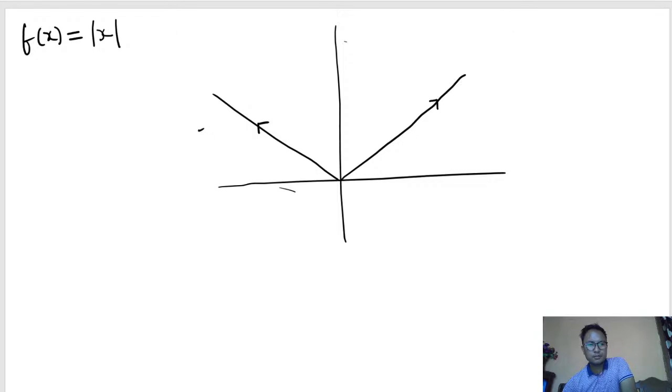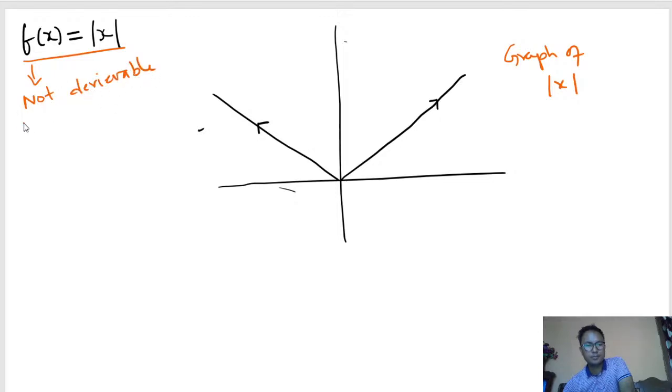So actually this is the graph of modulus of x. We saw that modulus of x is not derivable at 0.